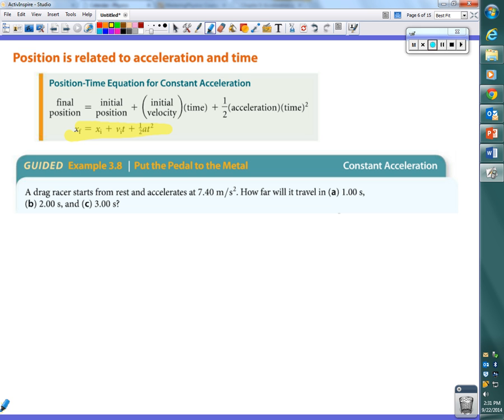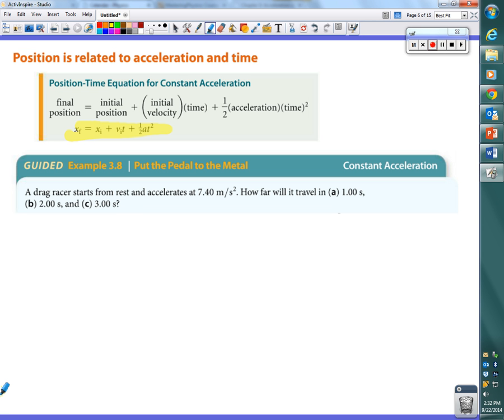There's one term that's missing from this equation that was in the previous equations that we've used. What term is missing out of this equation that we used in the previous 3? Anybody perceptive enough to pick it up? Simran, what is it? The final velocity doesn't show up anywhere in that equation.